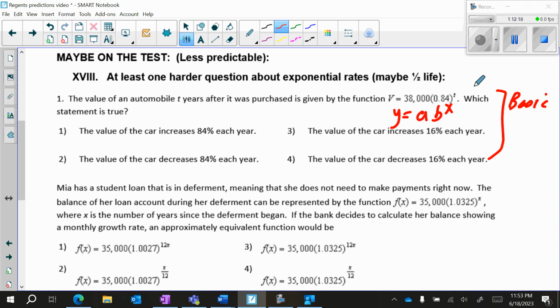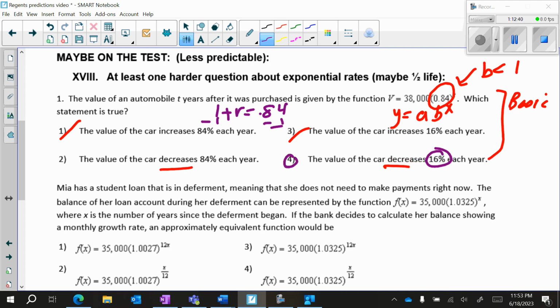So this is decay because the growth factor, which is 0.84, is less than 1. So you know you're down to the one that says decreases. And then remember that if the number is less than 1, if you set it equal to 1 plus the rate and solve for the growth rate, you're not going to get 84%, you're actually going to get 16%.